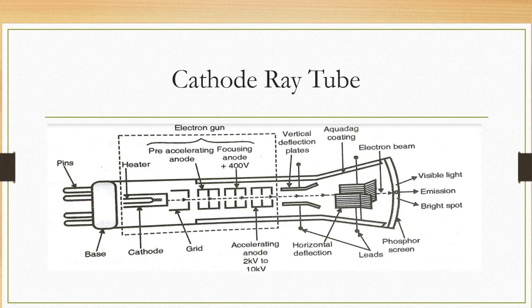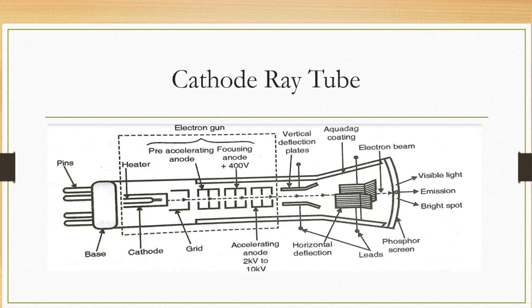So this problem of divergence of the beam can be overcome with the help of the adjustable electrostatic field. These two cylindrical anodes are called the pre-accelerating anode and the accelerating anode.